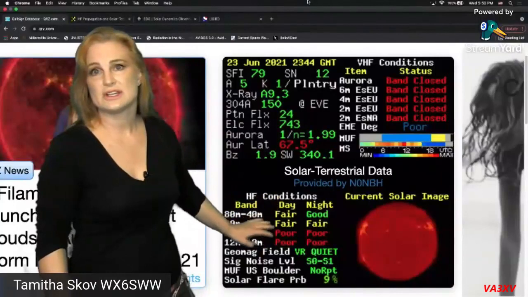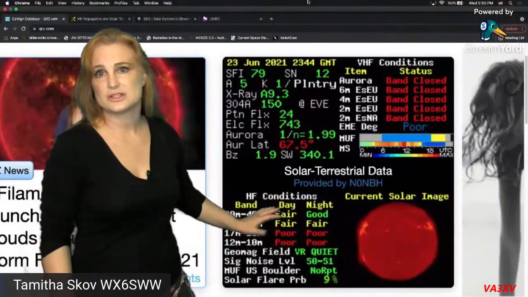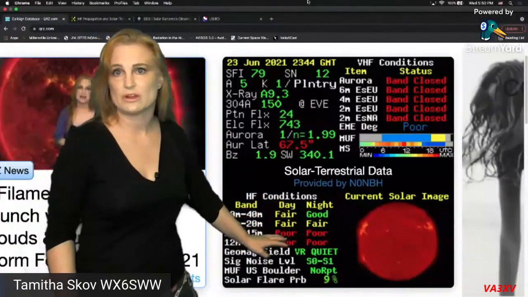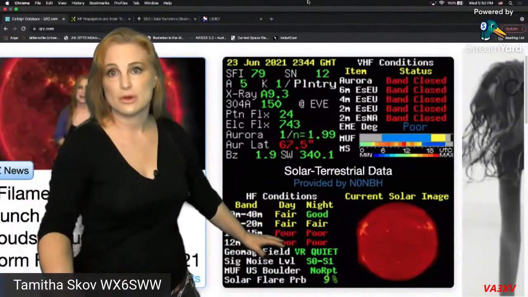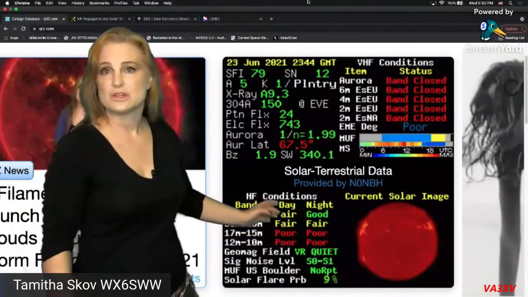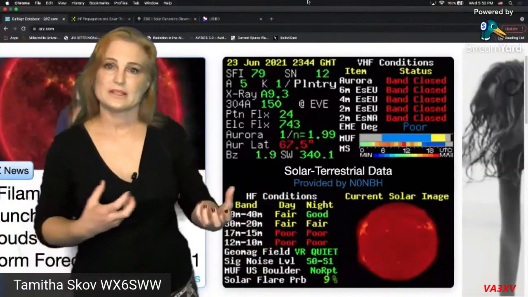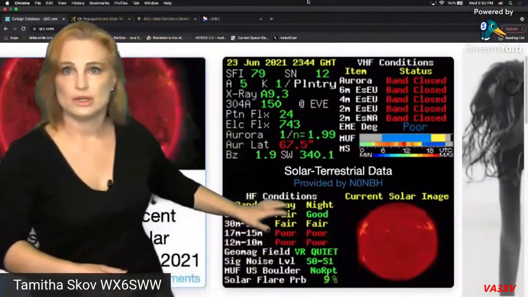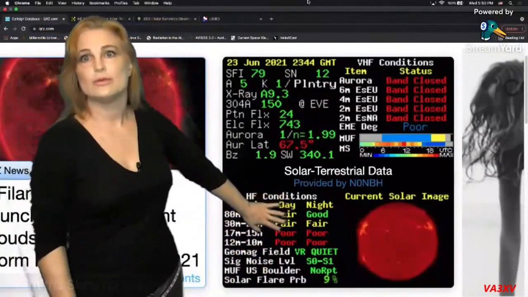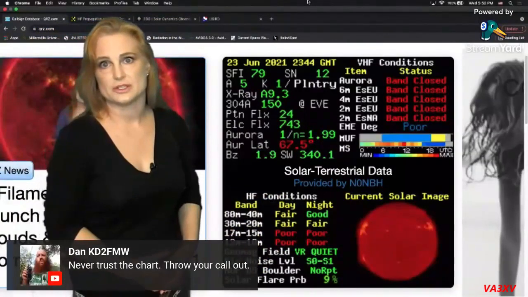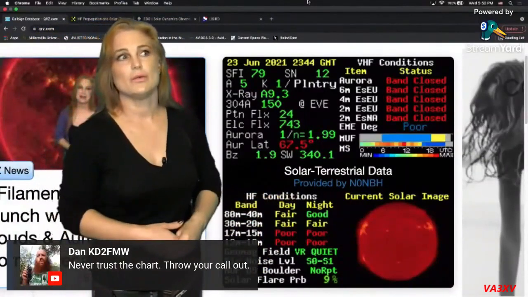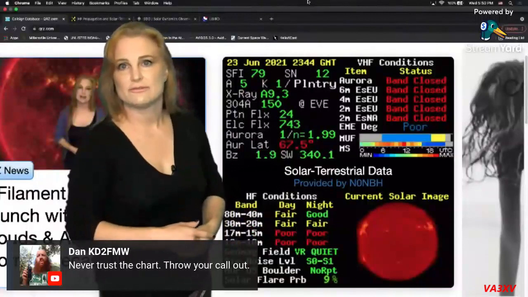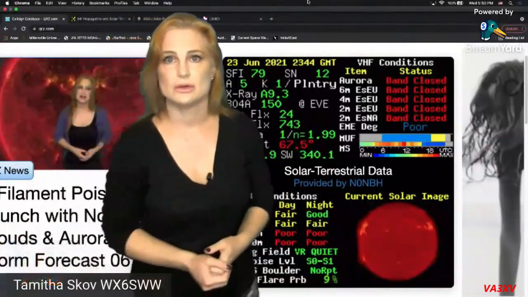So if you've ever watched these kinds of conditions and they don't seem to concert with where you are, it's because your local effects are taking over, where this is just not robust enough to give you that. Space weather is not a global phenomenon when it comes to radio propagation. It would be like saying, well, because it's raining in Southern California, it's obviously raining in Chicago.